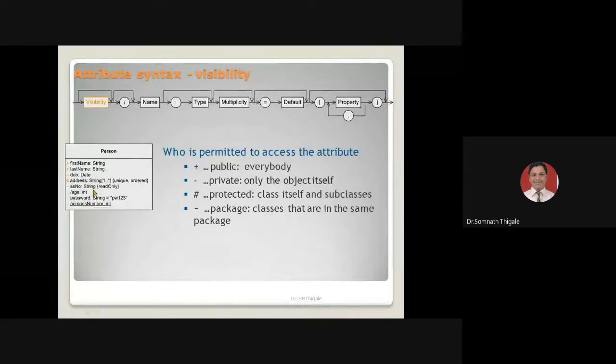Then first name string ABC, last name XYZ, for example, then date of birth. Here you can see plus, minus, hash. This plus indicates public. Everybody can access it. This minus sign indicates private, only that object itself.